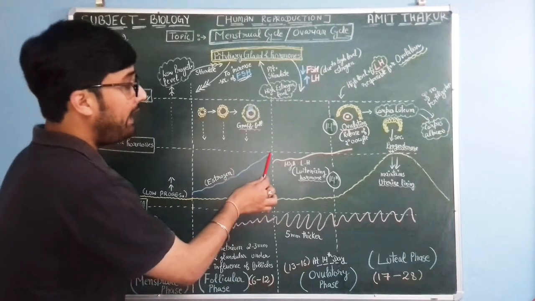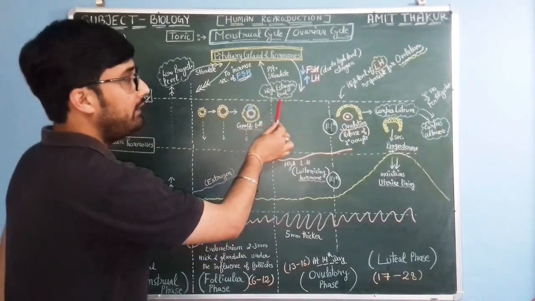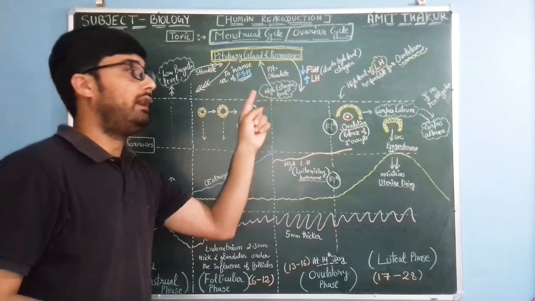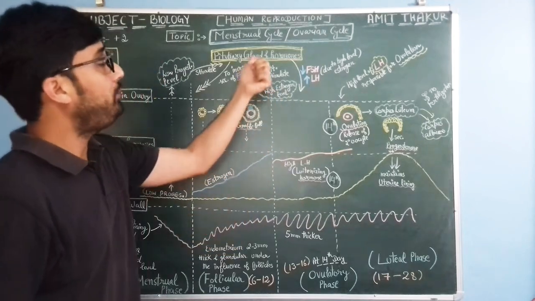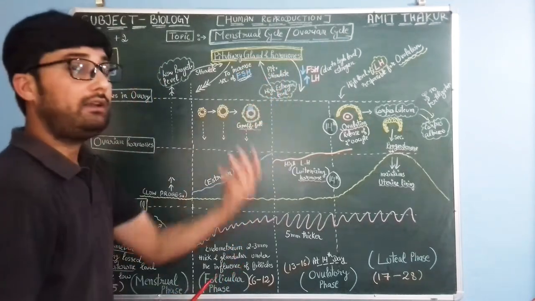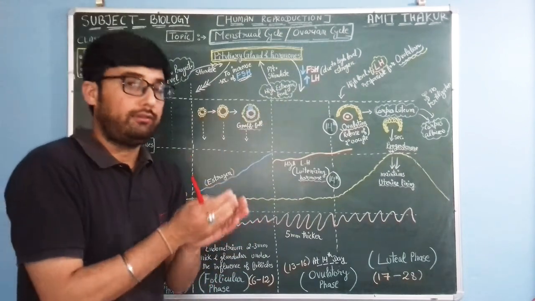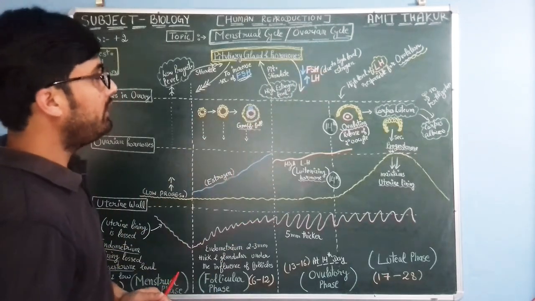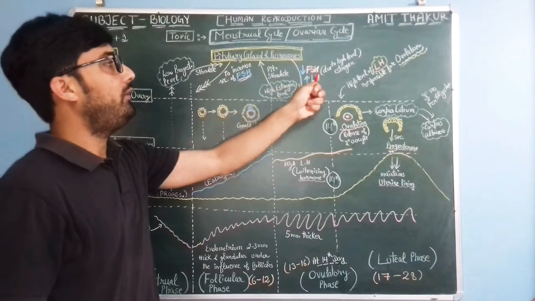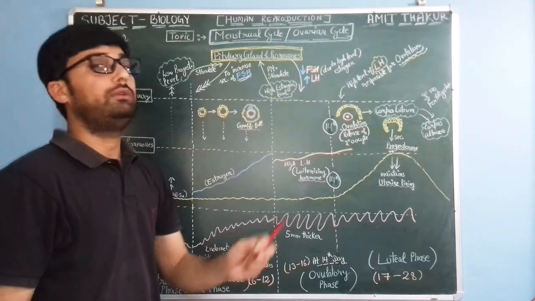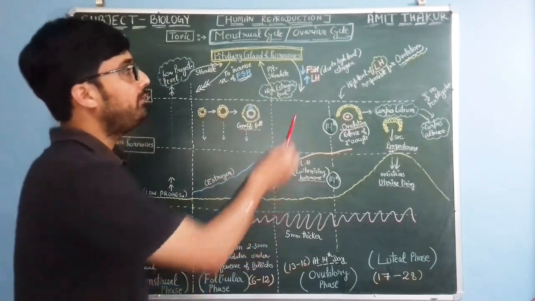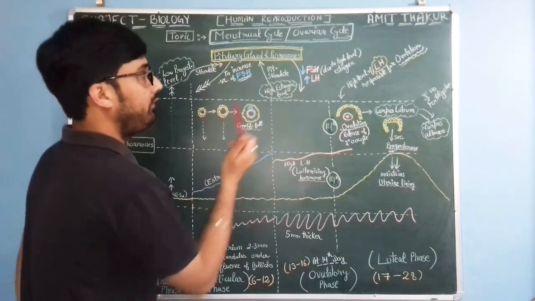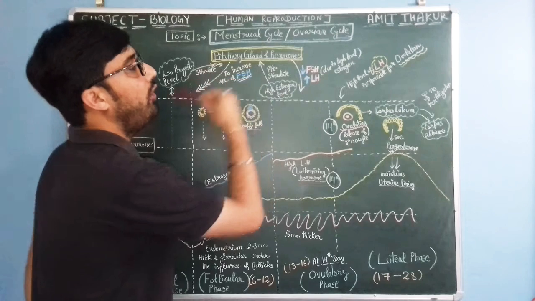Because of the very high estrogen level, the pituitary gland is stimulated and in turn controls the secretion of FSH, meaning FSH secretion decreases, and there is a sudden secretion of luteinizing hormone.